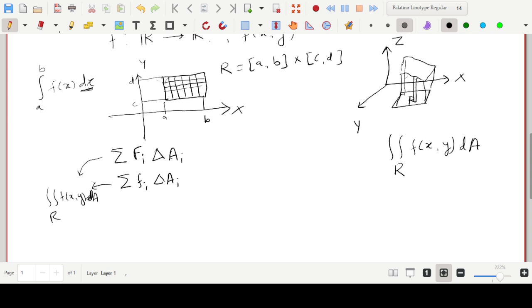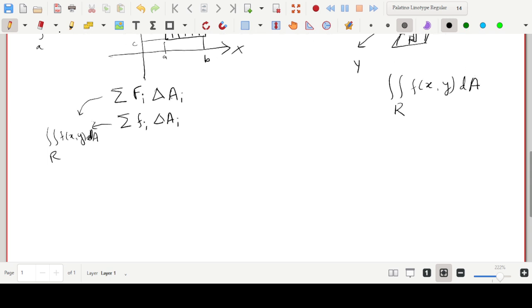Suppose a function is given. We are now introducing a new idea.